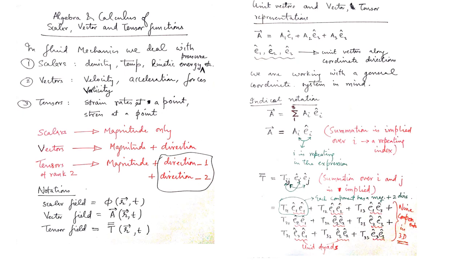And then you also deal with tensors in fluid mechanics. We have already seen that in a three-dimensional flow field we have six characteristic local deformation rates, 3 longitudinal and 3 shear, that we use to characterize the strain rate at a point.